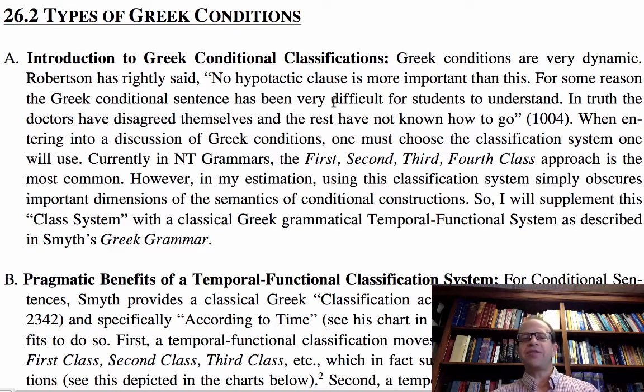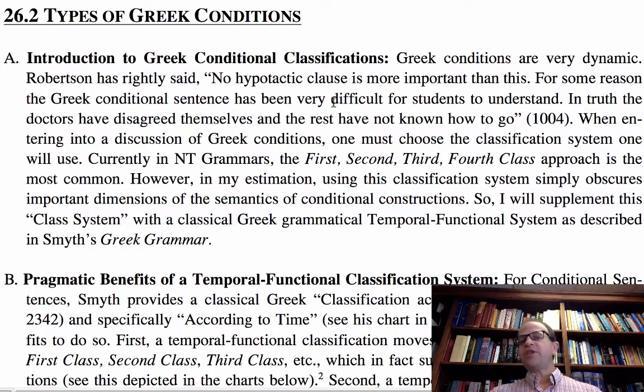Now, Greek has many different types of conditions, and these conditions are very dynamic. I'm going to be presenting to you a different classification system than do most New Testament grammars. Most New Testament grammars will use a first, second, third, fourth class division.